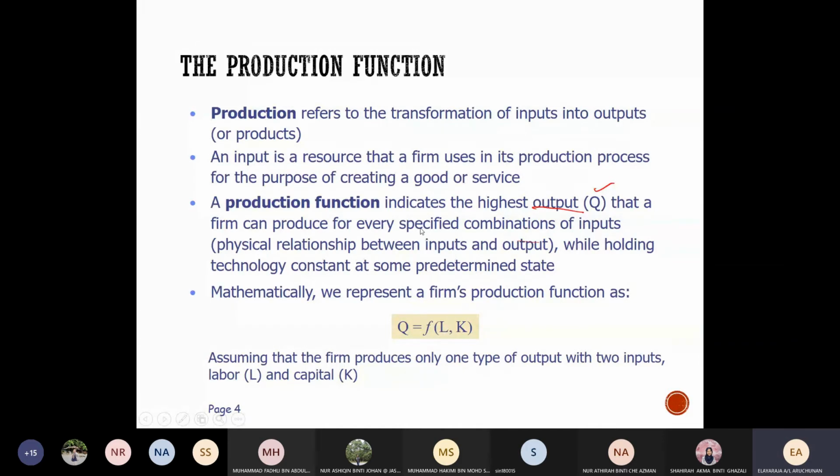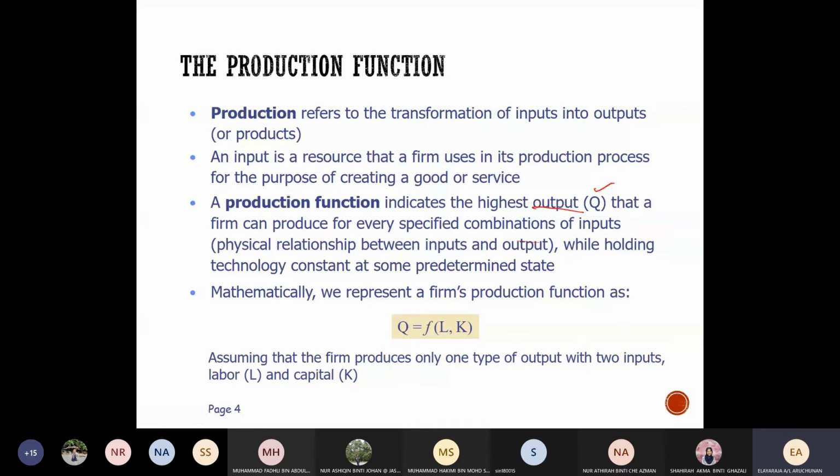The production function indicates the highest output that a firm can produce for every specified combination of inputs, while holding technology constant at some predetermined state.